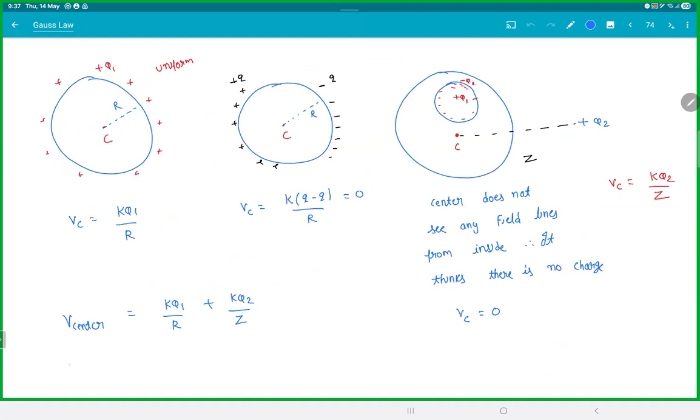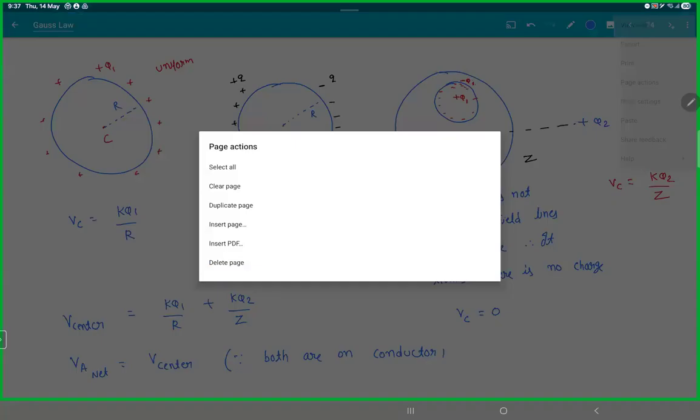So we can also say VA net is equal to V center. Why? Since both are on a conductor. But I didn't ask you this question. What did you ask then? You asked this thing.